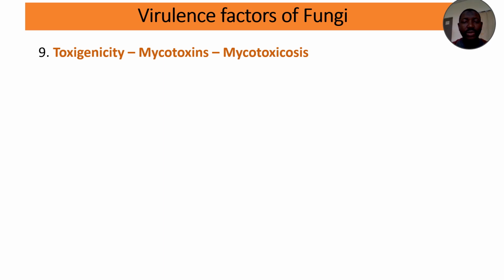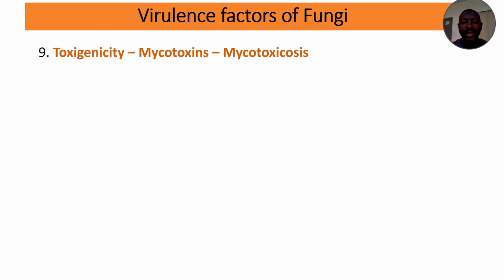These mycotoxins are low molecular weight toxic metabolites produced by pathogenic fungi, and they have the ability to elicit a toxic response in humans and animals. They are mostly associated with contaminated farm products, food, and other products from the farm, as well as stored products.